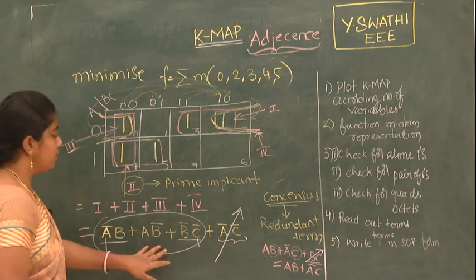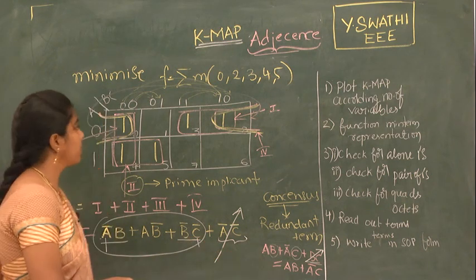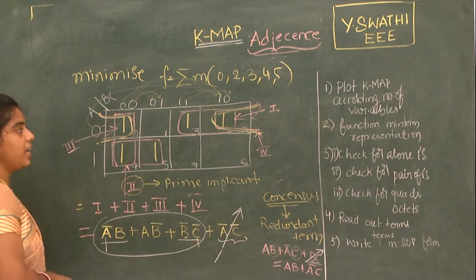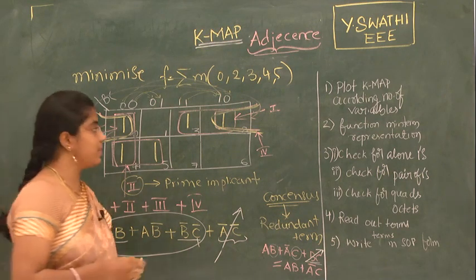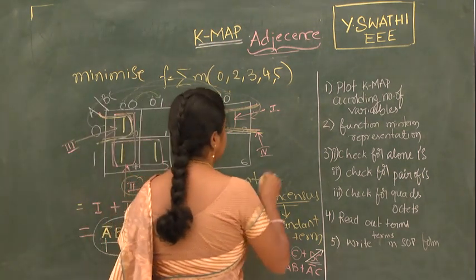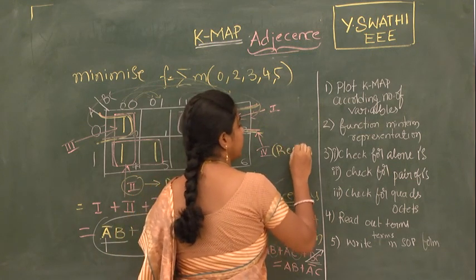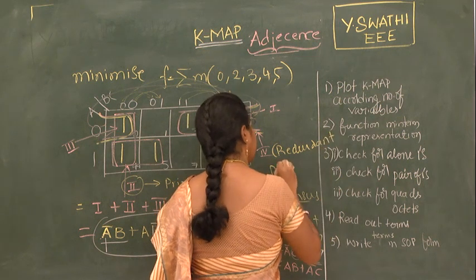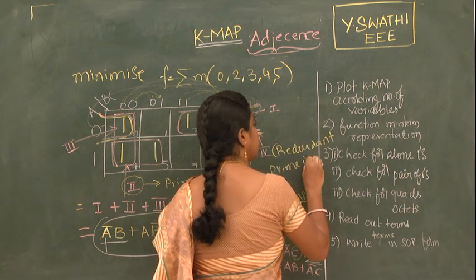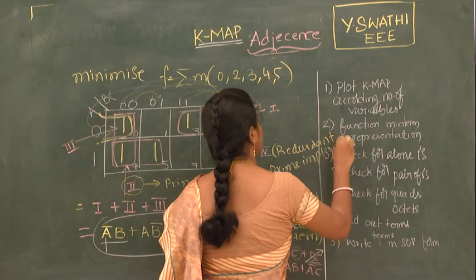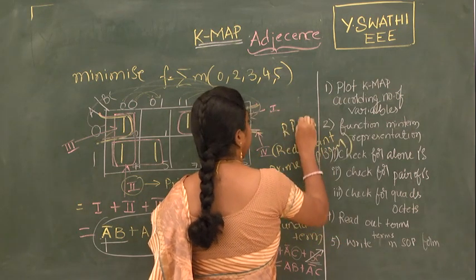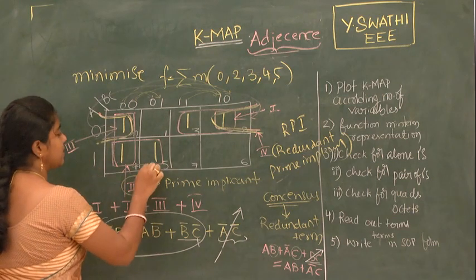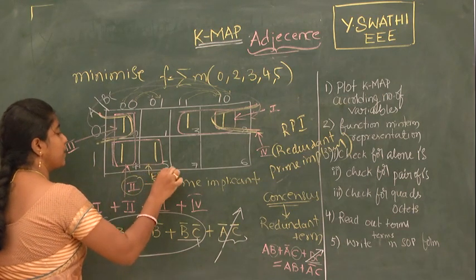So why did I mention this? Because the fourth group which we paired here is a redundant prime implicant. It's called RPI. And the rest three terms are called essential prime implicants.